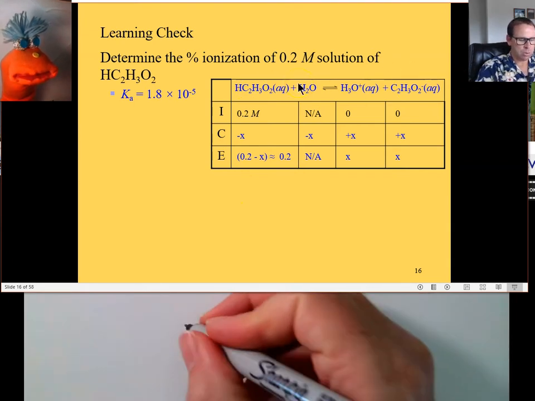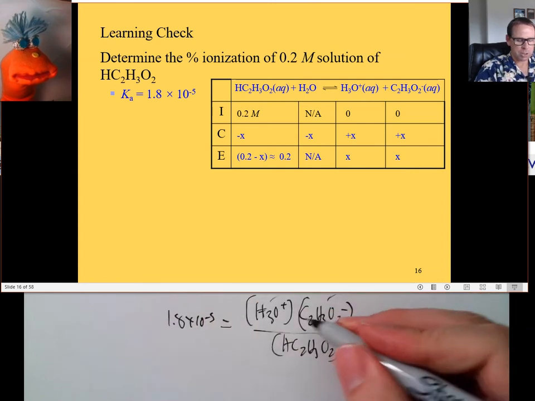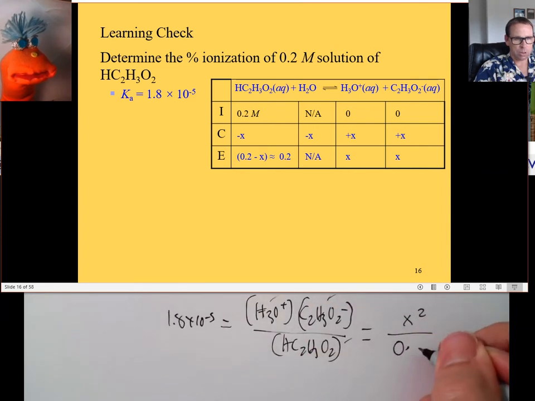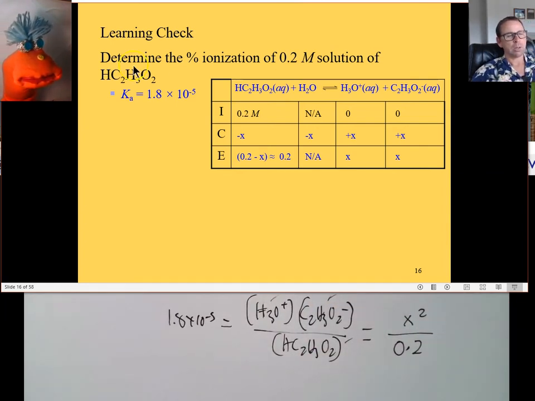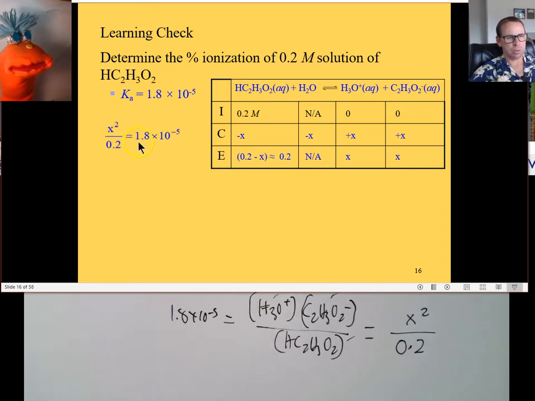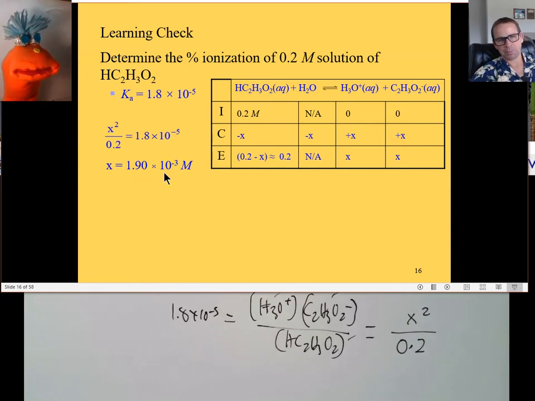That is what's going to equal 1.8 times 10 to the minus 5. The equilibrium concentrations for these, according to our ice table, have been identified as x, so x times x, or x squared, over 0.2. All right, so x squared over 0.2 equals 1.8 times 10 to the minus 5, so 1.8 times 10 to the minus 5 times 0.2, and then take the square root of that, and you'll get x as 1.9 times 10 to the minus 3. So that is the molar concentration of the hydrogen ion.